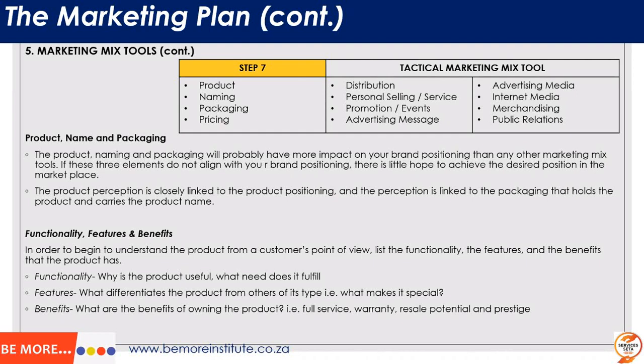If you are selling a prestigious product, it should start with the packaging of the product itself. If you look at the packaging for, for example, Bonang's sparkling wine, the Method Classic.